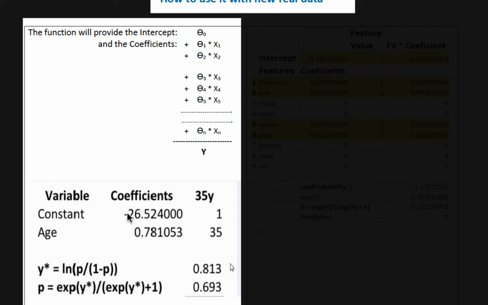So we multiply the first coefficient by 1 always, and the second coefficient by the age, in this case 35. We sum up these two values and we have 0.813. This is the y star, or the raw probability. To get the real probability, what we are looking for, we need to apply this formula that we are seeing here. You can do it in Excel. So that gives us a probability of 69% to be positive if the person is 35 years old.